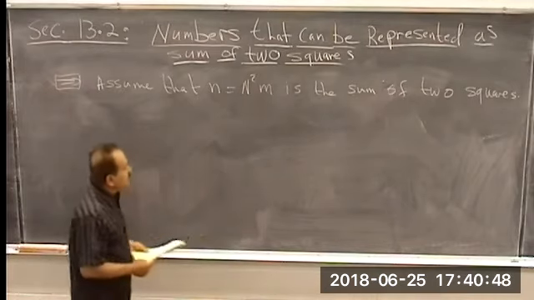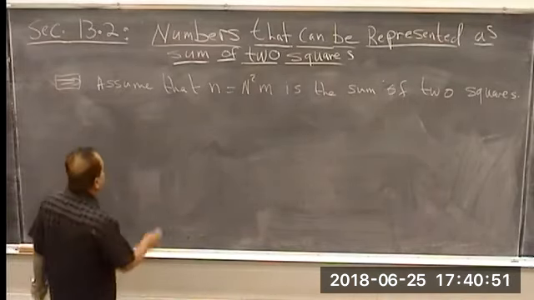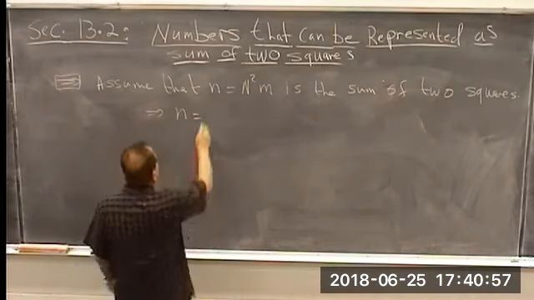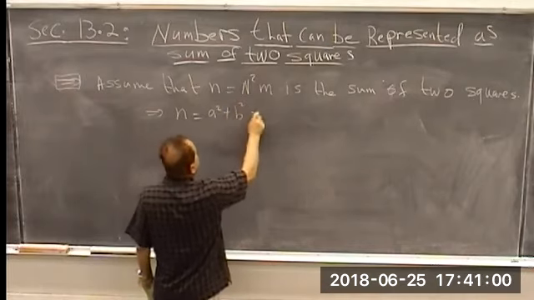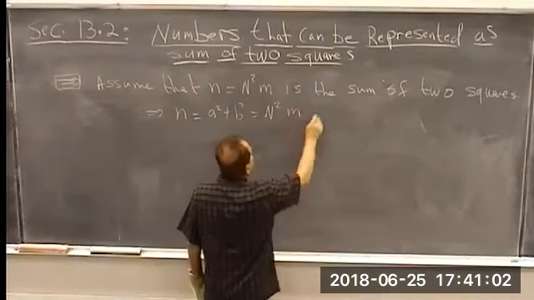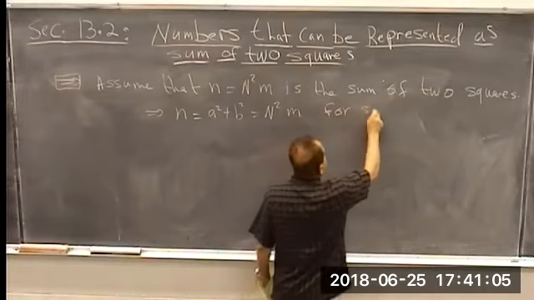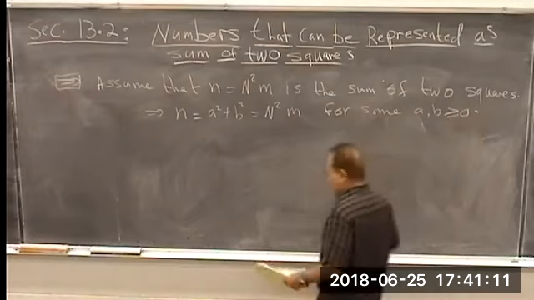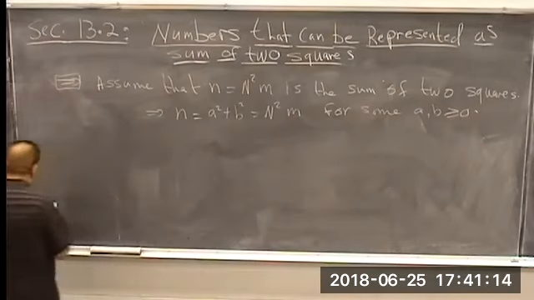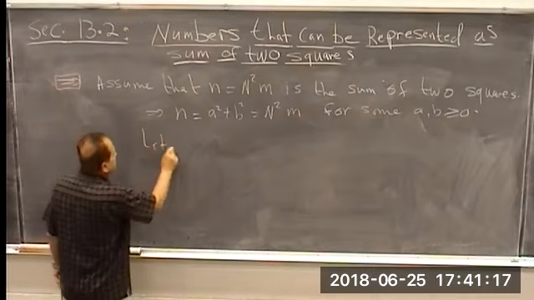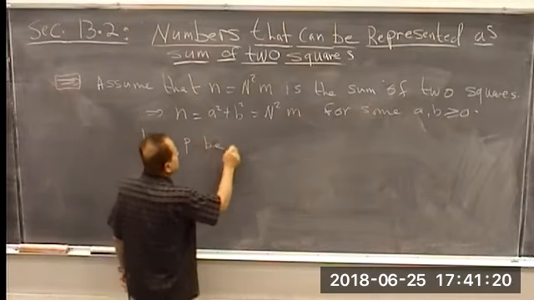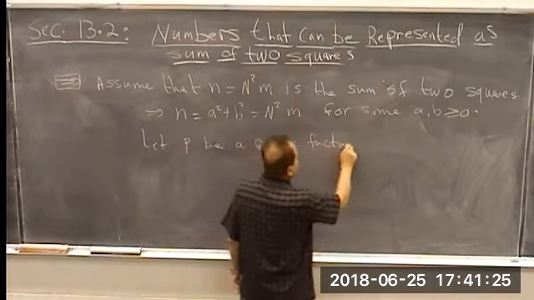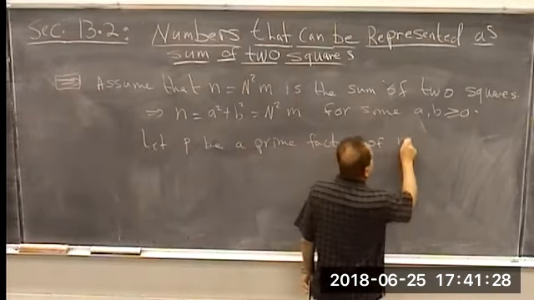All right, well, let's do this. So this implies n squared m is equal to a squared plus b squared, for some n greater than or equal to 0. Now let's take p to be a prime factor of m.